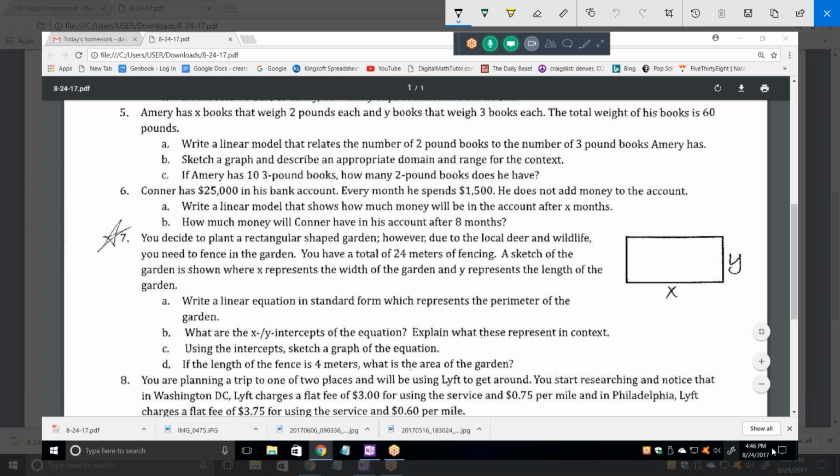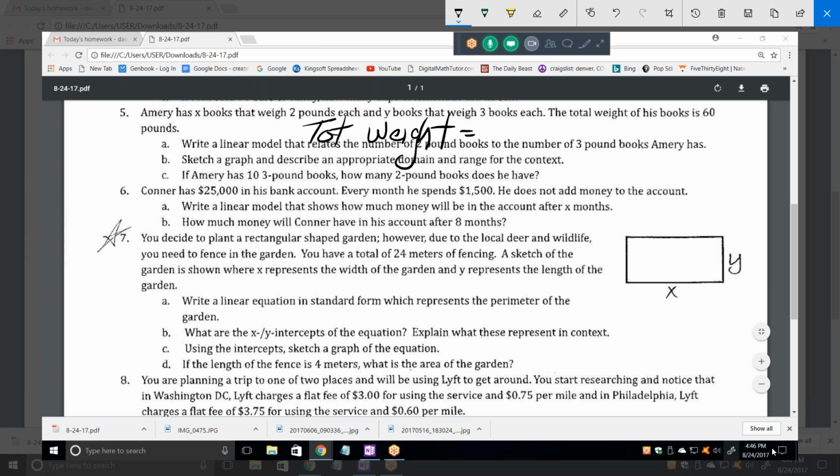Give me an equation that states the first sentence. First of all, let me give you the general equation. What's the total weight going to equal?